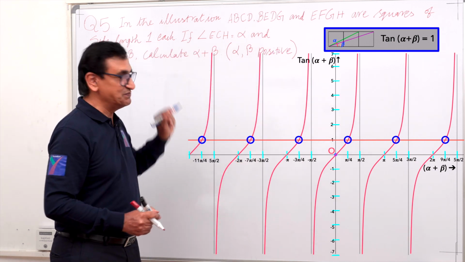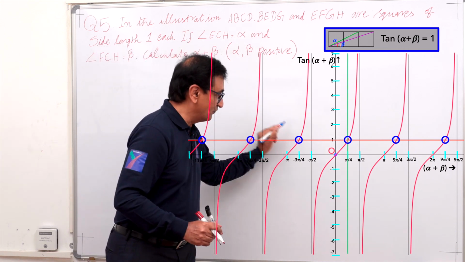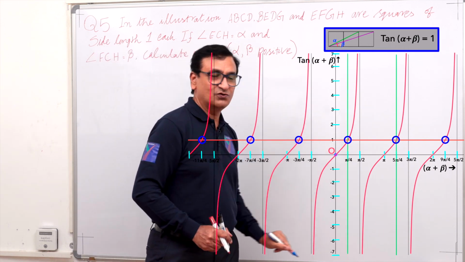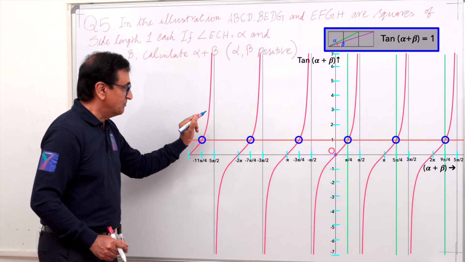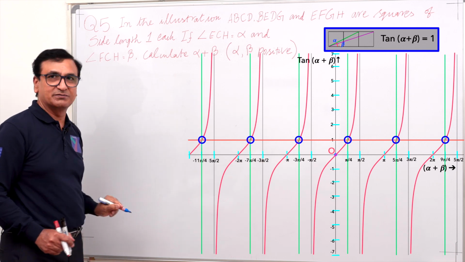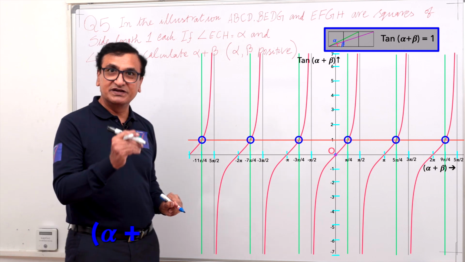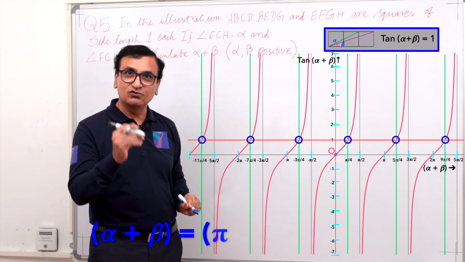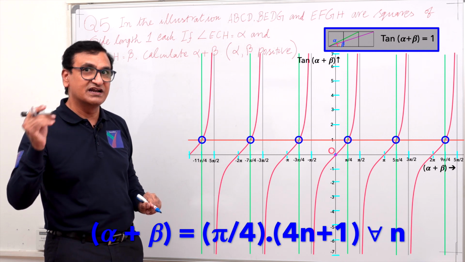The line intersects the tan curves at pi by 4, 5 pi by 4, 9 pi by 4 in the positive direction, and minus 3 pi by 4, minus 7 pi by 4, minus 11 pi by 4 in the negative direction. In general, alpha plus beta equals pi by 4 multiplied by (4n plus 1), where n is the set of all integers.